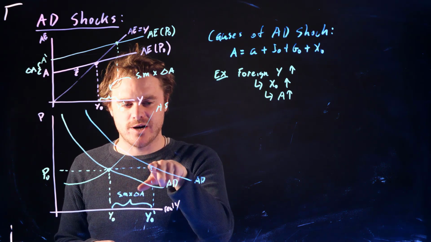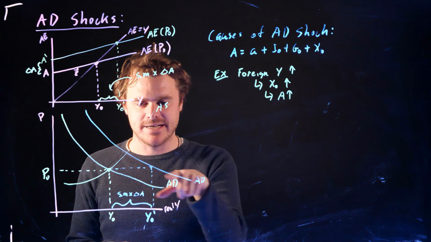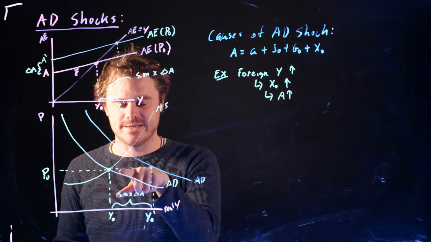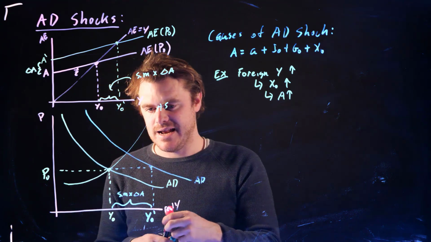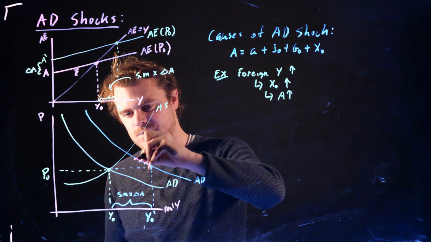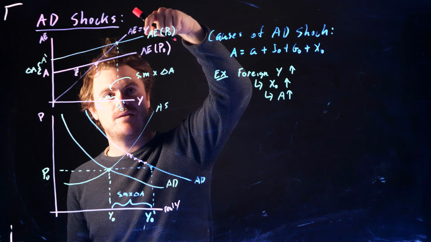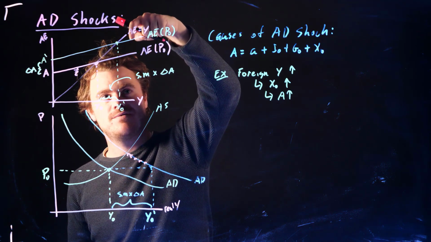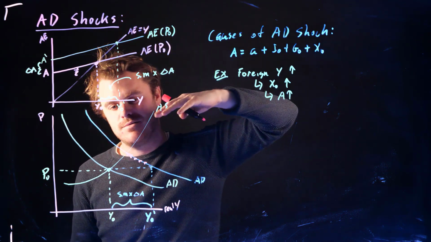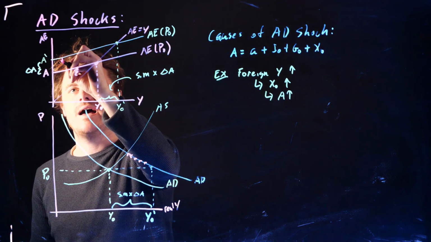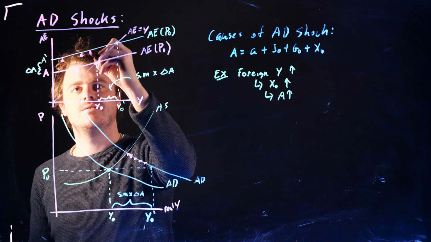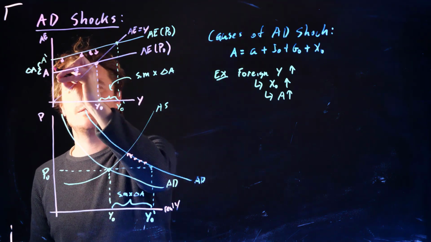But we're not at equilibrium there. There's upward pressure on prices, right? The aggregate demand is higher than the aggregate supply. Well, the prices are going to go up. And as the prices go up, remember that price level increase is going to shift our AE curve down, and well, it's going to make it a bit flatter too. And so what's going to happen is that this is shifting down as this price level goes up.